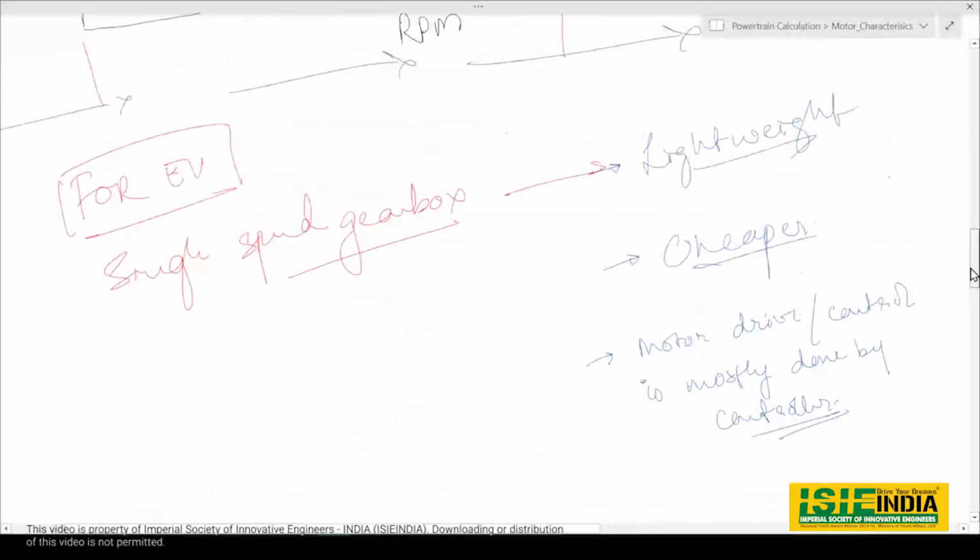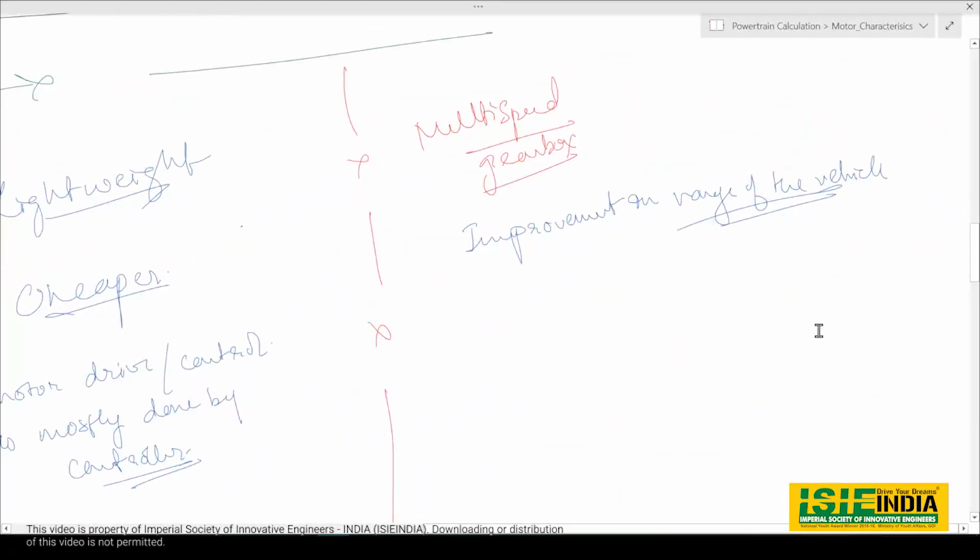So using the same logic, it is clear that if you are using multi-speed gearbox, for the same amount of voltage and current consumed, or for the same amount of power and torque being delivered by the motor, if you keep on shifting the gear, like from first gear to second gear to third gear, you might be able to travel at more speed for the same amount of power consumed, similar to an engine, where for the same amount of fuel consumed you can travel at higher speed by shifting the gear ratios, right?